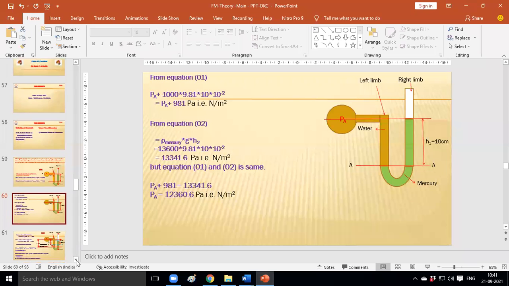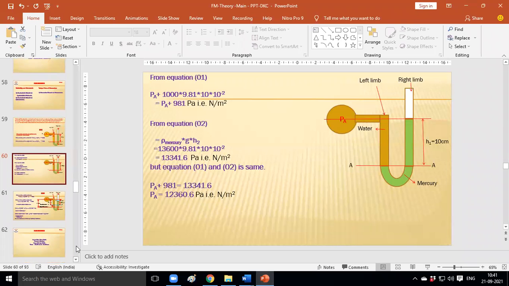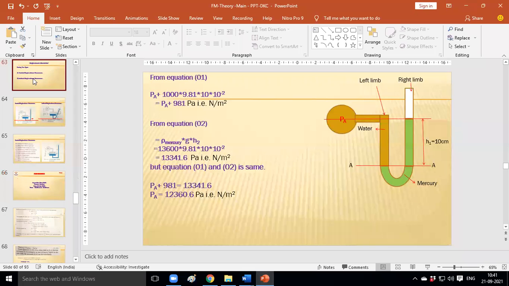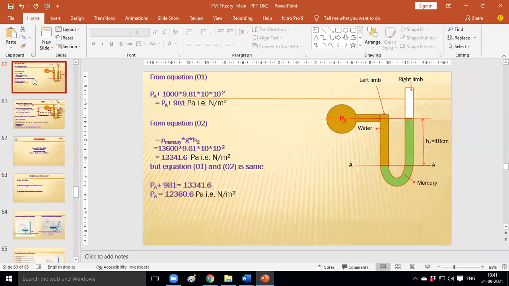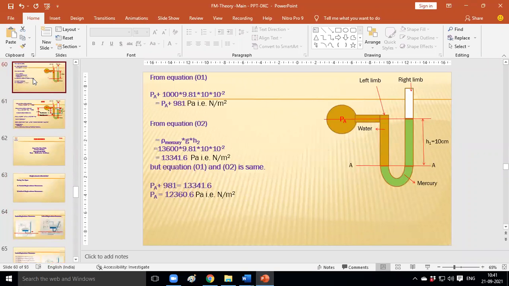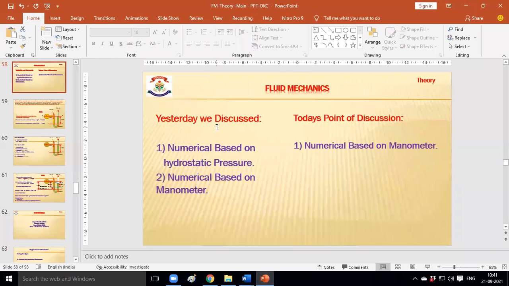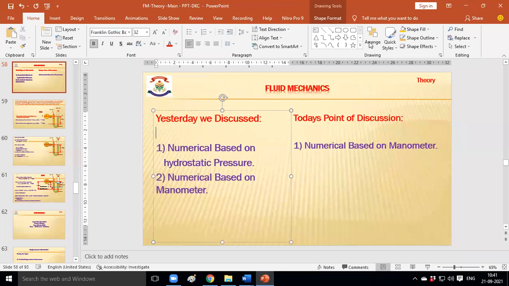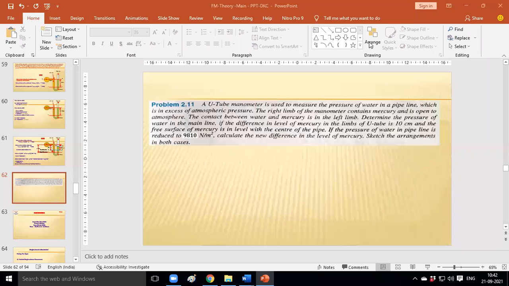Is this numerical visible? Just wait for one minute. Okay, see this numerical.